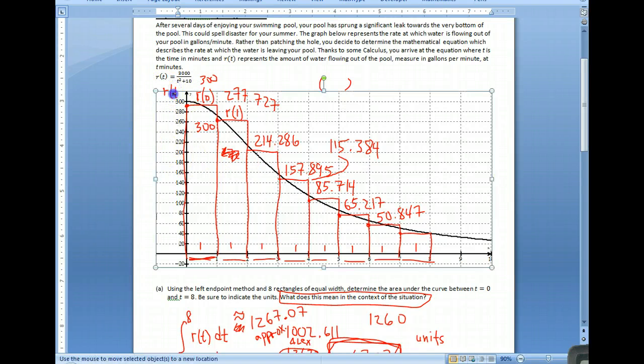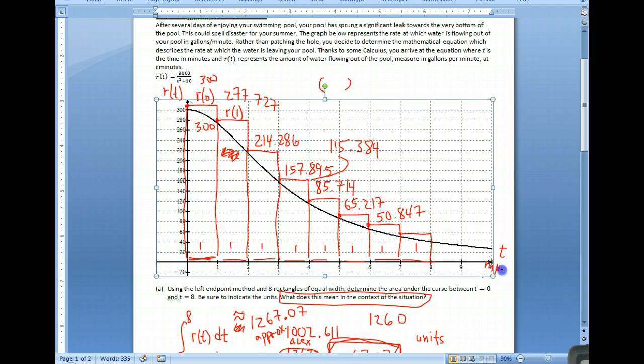This is R of t, this is t. So the t is easier. What are the units of t? Yes, I know time, but what are the units of time? Seconds? Minutes. Minutes.